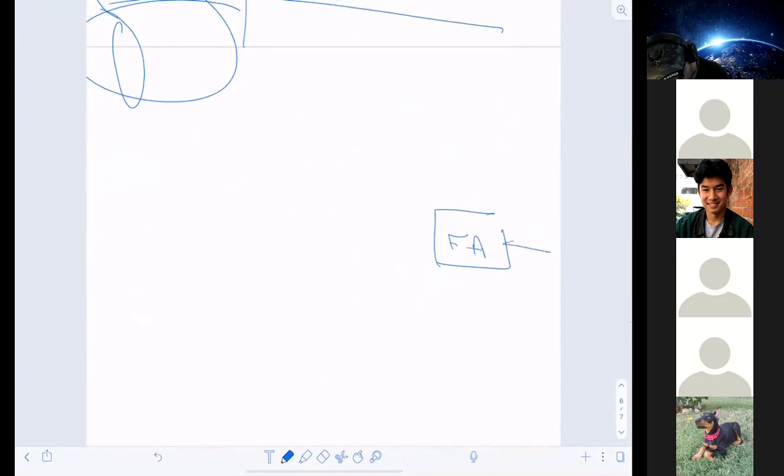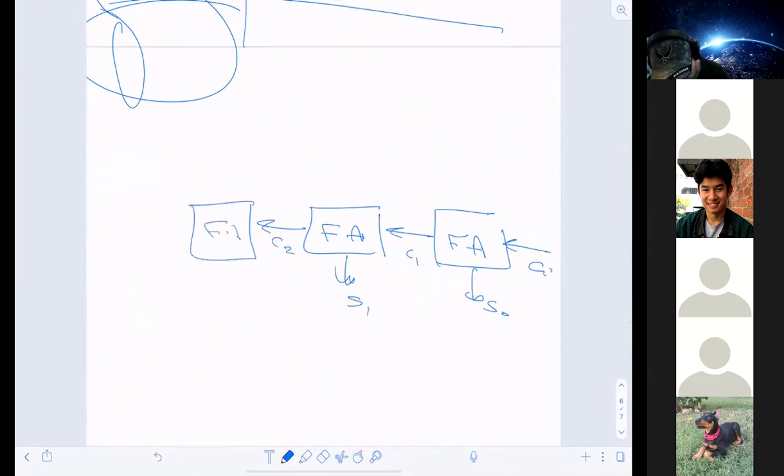So I can draw this circuit like this: full adder, CI, C1, full adder, S0, S1, C2, full adder, S3, C3, full adder.